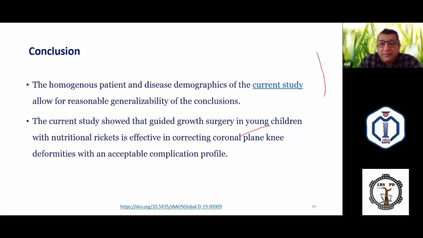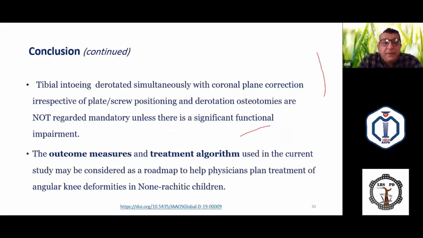The conclusions from our study can be generalizable because we have a homogeneous and pure sample, so we can generalize them to young patients with nutritional rickets. Tibial derotation simultaneously occurs with correction of coronal plane deformities, and we do not really need a derotation osteotomy to correct the tibial torsion.